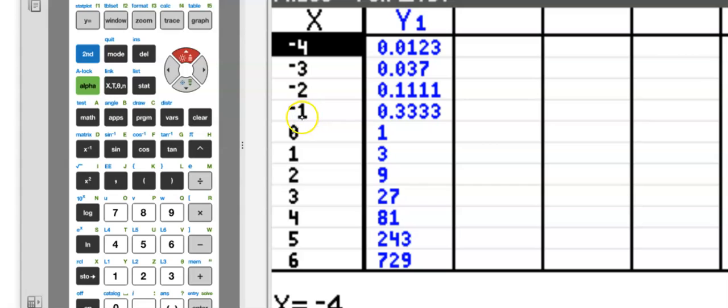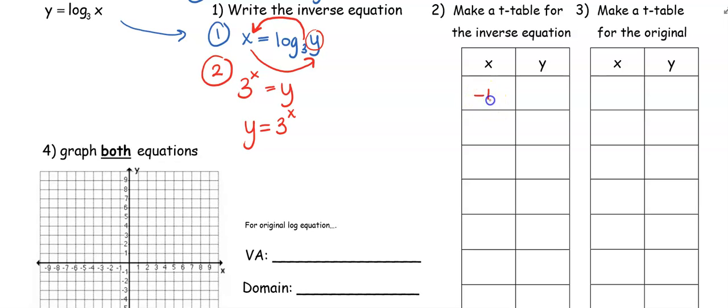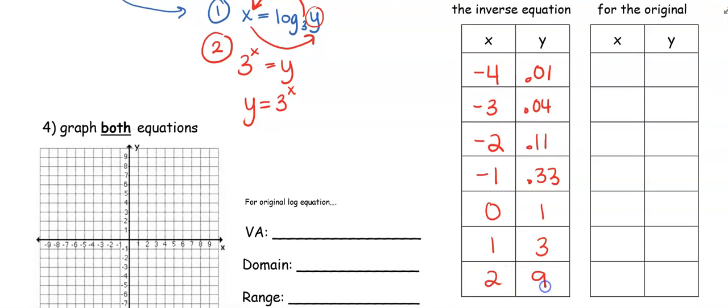Based on our calculator, we've got -4, 0.01; -3, 0.04; -2, 0.11; -1, 0.33; and 0, 1. Okay, so this is all for the exponential equation, y equals 3 raised to the x power.